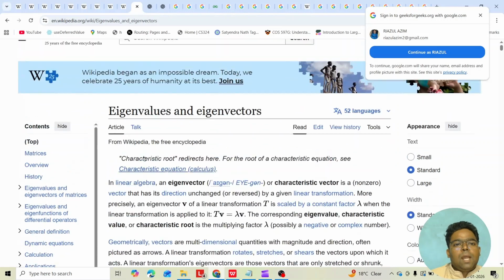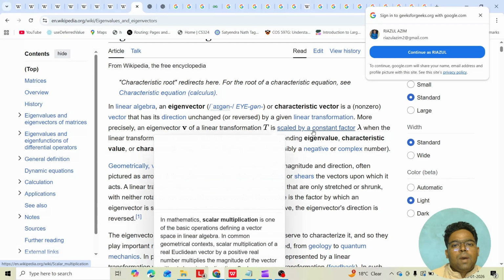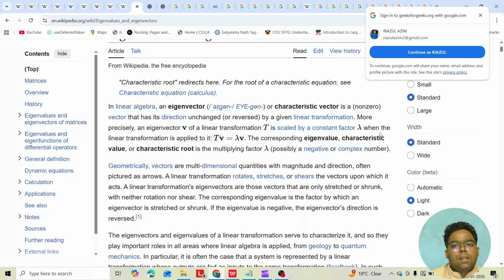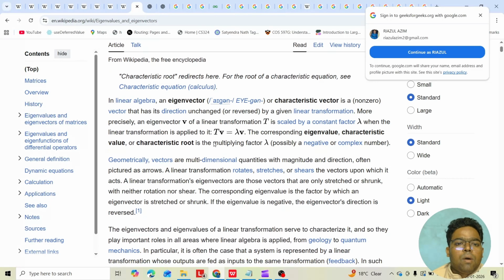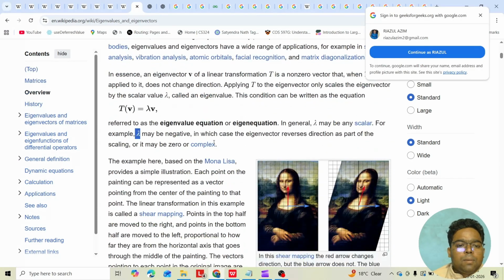So TV equals lambda V, that is the definition. An eigenvector V of linear transformation T is scaled by a factor lambda when the linear transformation is applied: TV equals lambda V. So how to calculate it? That's very simple: the determinant of T minus lambda I equals 0.